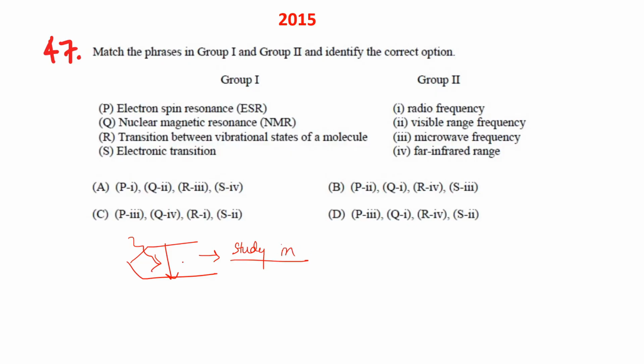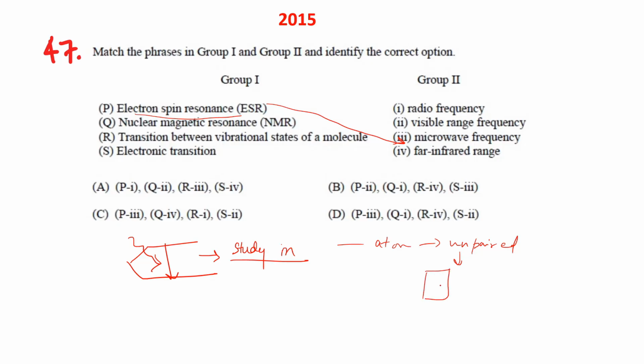So for electron spin resonance, the frequency that we generally use is microwave. Suppose you have an atom with an unpaired electron, and this unpaired electron allows us to interact with the magnetic field.